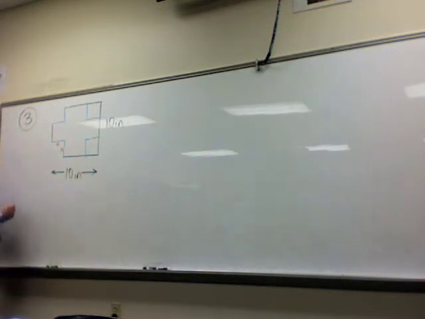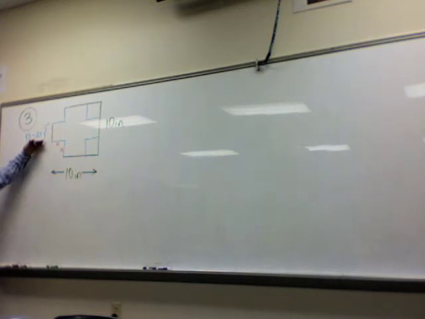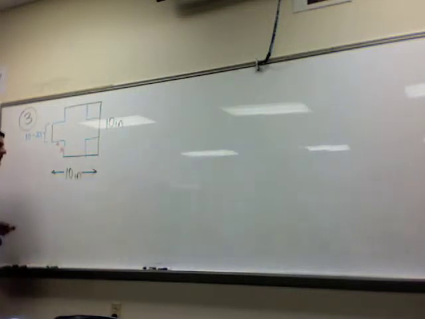Is there anything else we can identify in this now? Length of that one thing is 10 minus 2x. Does everybody see that one has to be now 10 minus 2x? 10, take away the 2x's. That's the length of that. Okay. What else do we know or can identify that would be important in this problem?